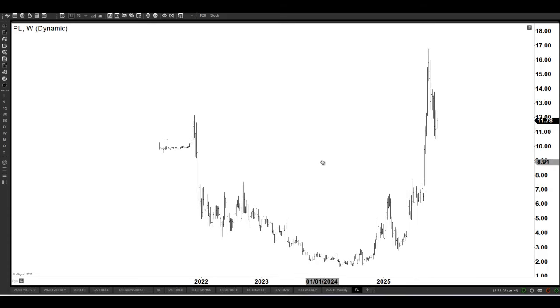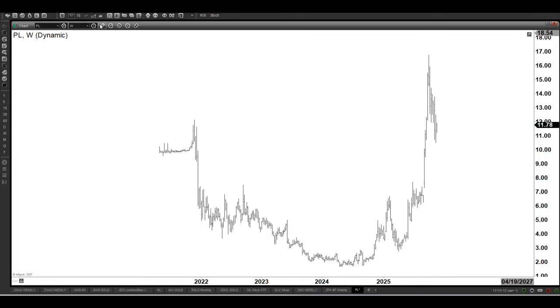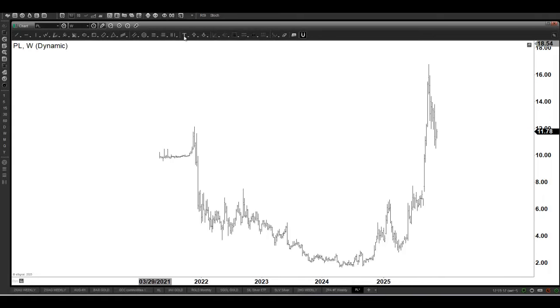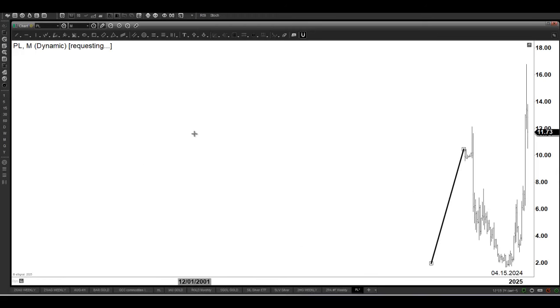For example, this is platinum. Platinum is a commodity. Platinum here has a low on October 15 of 2024. Since then, it has reacted. You should assume that the trend comes from here, something in this neighborhood.